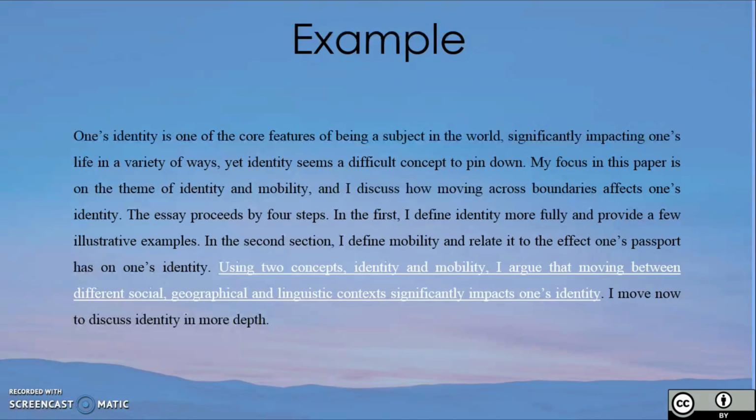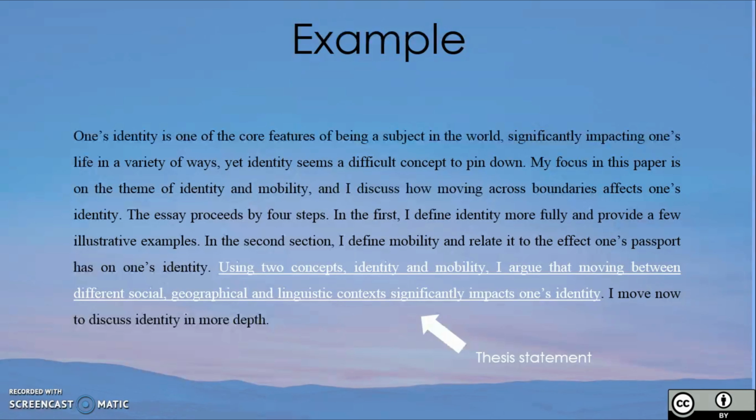Then I say, "Using two concepts, identity and mobility, I argue," which are the key words here, "I argue that moving between different social, geographical, and linguistic contexts significantly impacts one's identity." So that is my thesis statement.